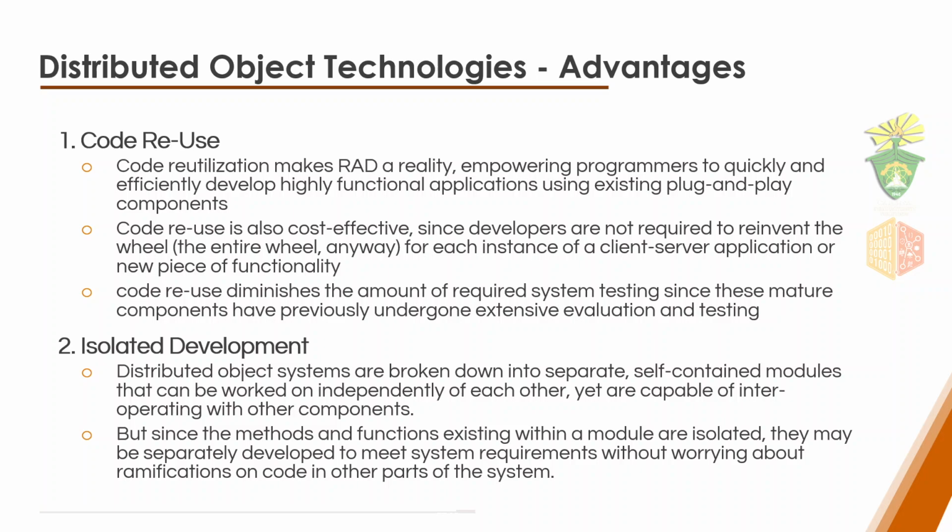It needs to share an object, and in order to do that, we need a technology called distributed object technology, because we will share objects on another system. So we need distributed object technology.